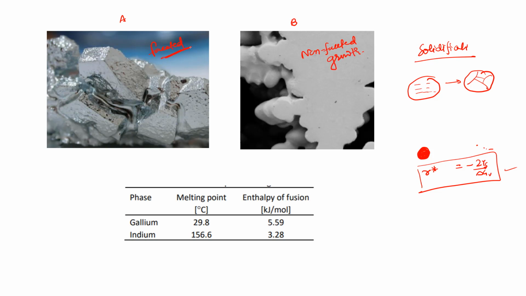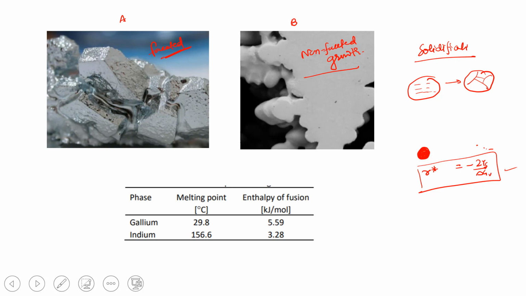So the first one is the faceted one and the second is the non-faceted. Non-faceted means growth happens in every direction, it can happen in any direction, as in the case of dendrites which form.